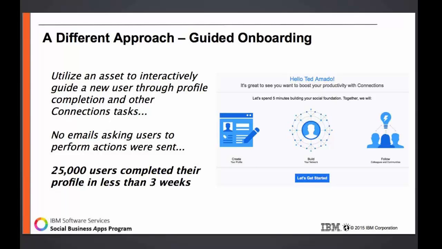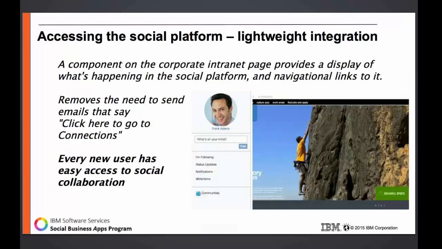It was an automated activity when they first logged into Connections. The results were such that a large number of users were onboarded and engaged with the platform in a very short period of time. We also provided some lightweight integration to expose key functions of IBM Connections into the working environment of the majority of users.